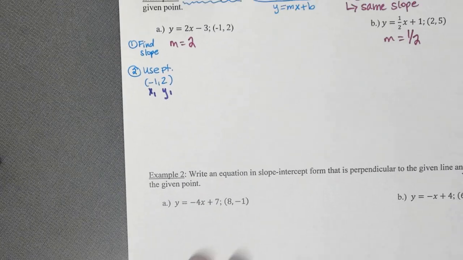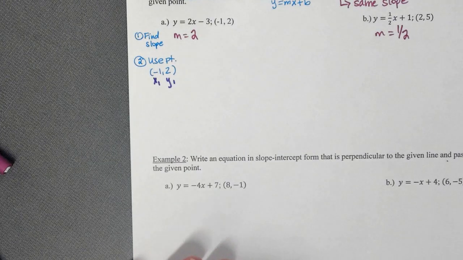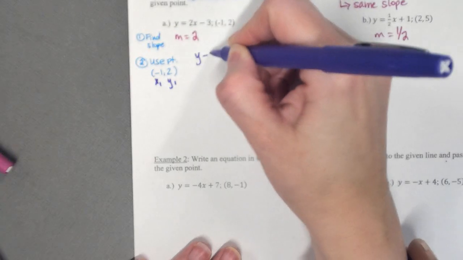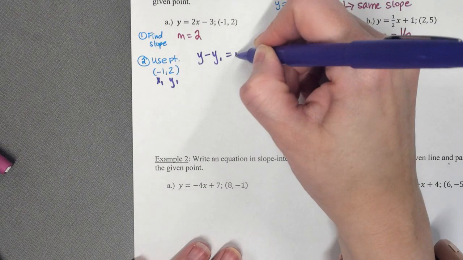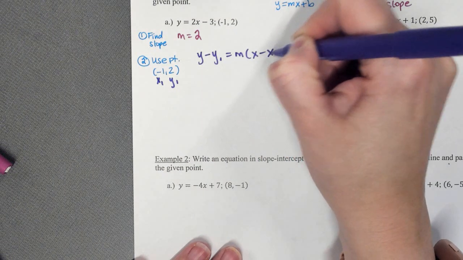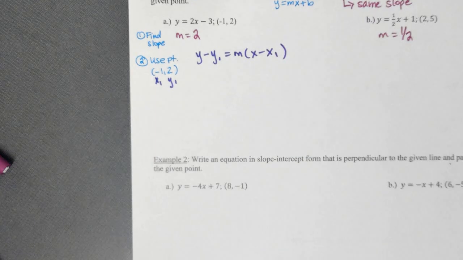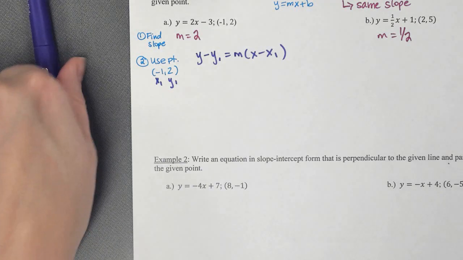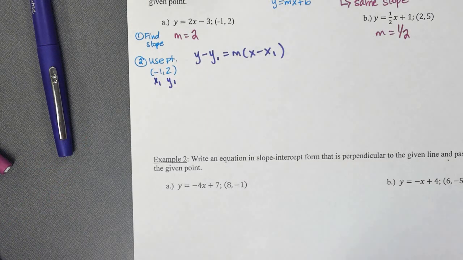So if I'm labeling it x1, y1, do you guys remember what equation we're going to plug it into? Do you remember what this equation is called? Point slope form. Okay, so all we have to do now is plug in the slope and then plug in the point, and then we're going to simplify.